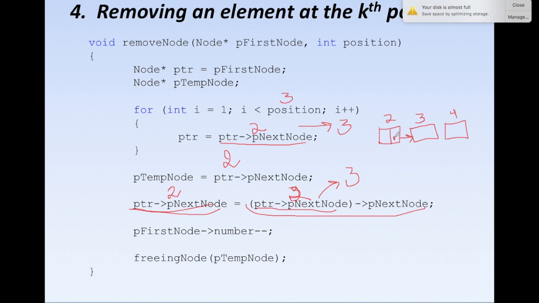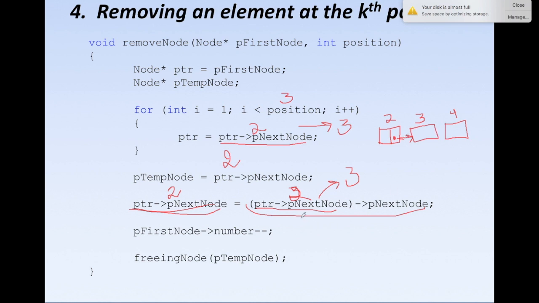The pointer part here of node 2 is this one, ptr.p_next_node. This is the pointer of node 2, which is pointing to 3.